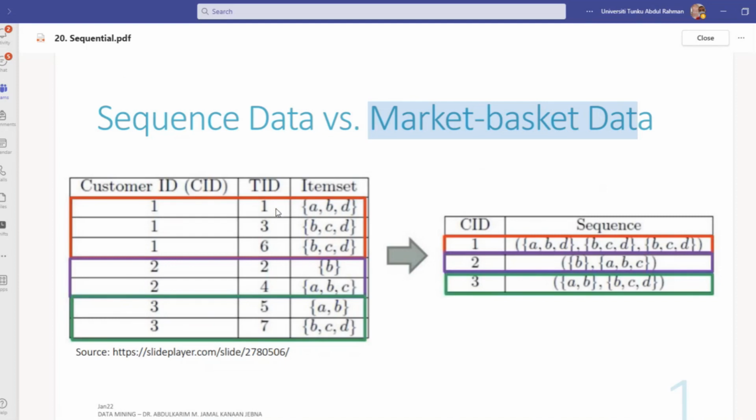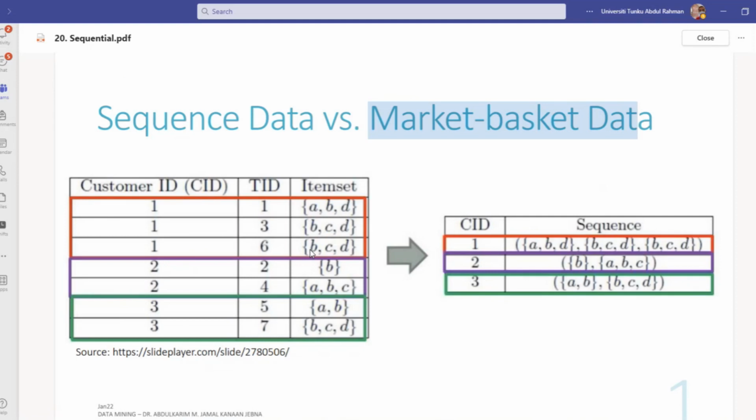The transaction ID also refers to the sequence of transactions. So first, this customer purchased A, B, and D. Then, maybe after 1 day, he came back to the store and purchased B, C, and D. And some time later, he came back and purchased B, C, and D.